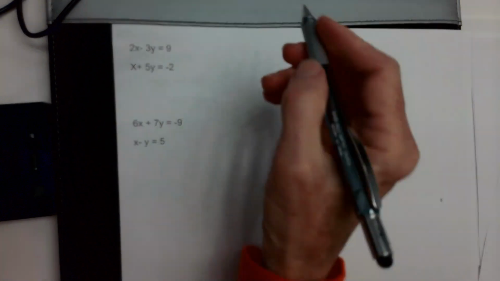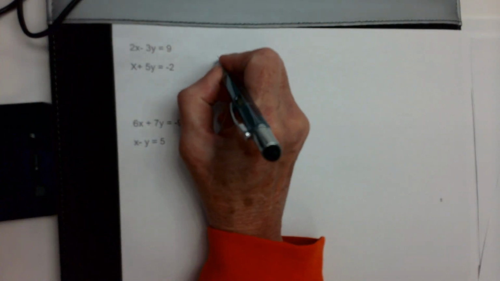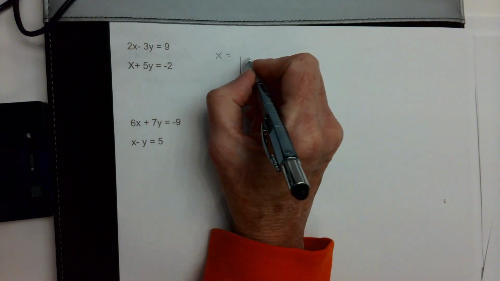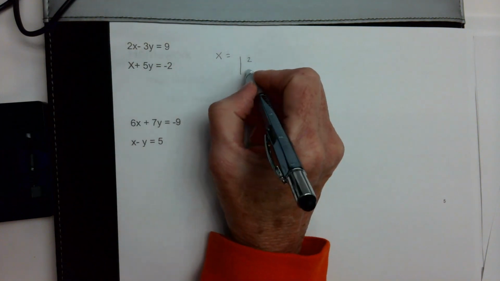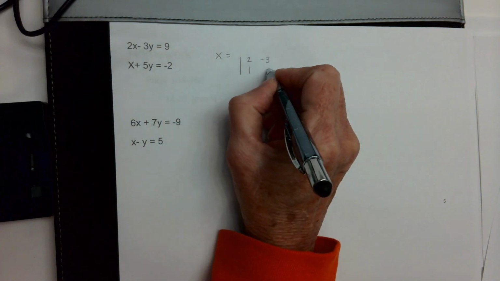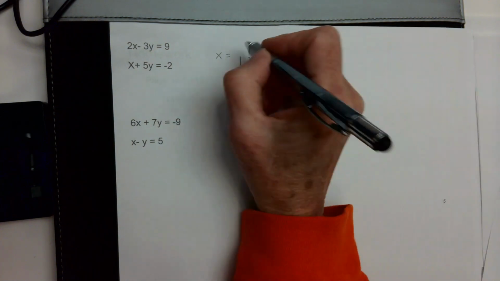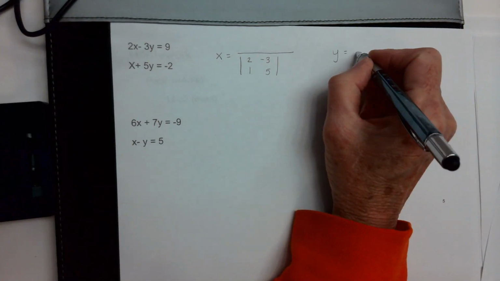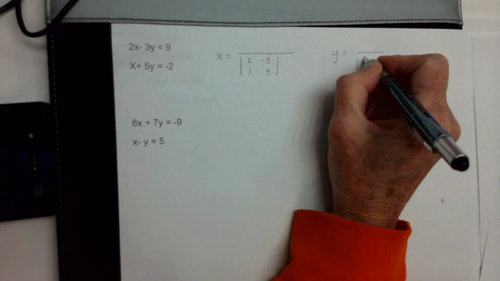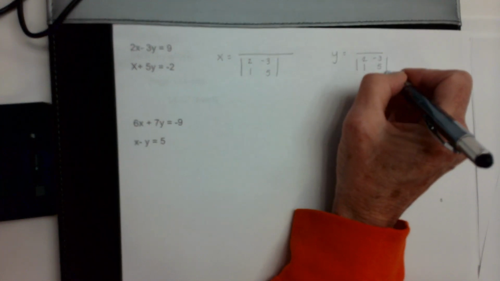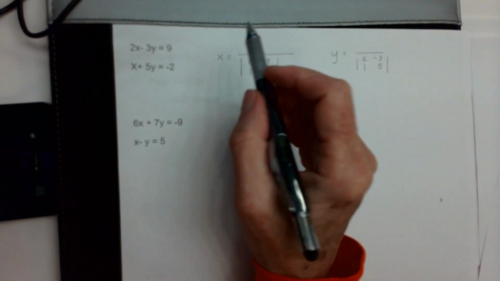All right, so if I'm going to set this up, the bottom of my x is going to be this determinant. I'm going to go 2, 1, negative 3, and 5. And that literally is going to be the bottom of both my x and my y. So 2, 1, negative 3, 5. And my top, remember, is going to be my last.